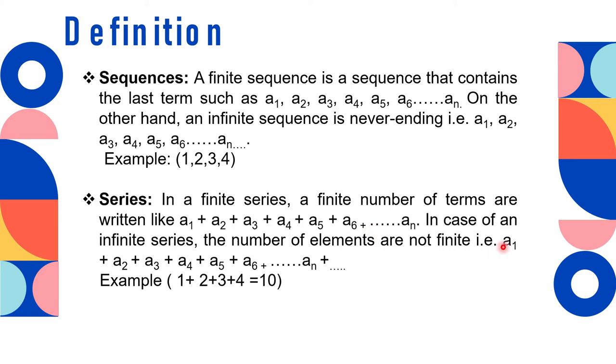In the case of an infinite series, the number of elements is not finite, i.e., A1 plus A2 plus A3 and so on. For example, 1 plus 2 plus 3 plus 4 equals 10.